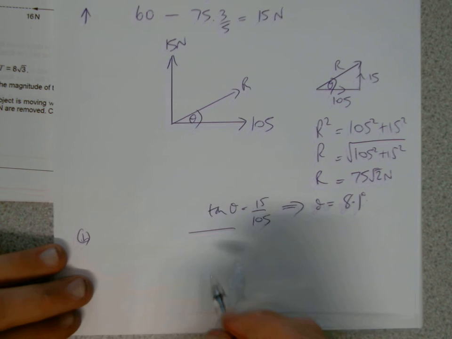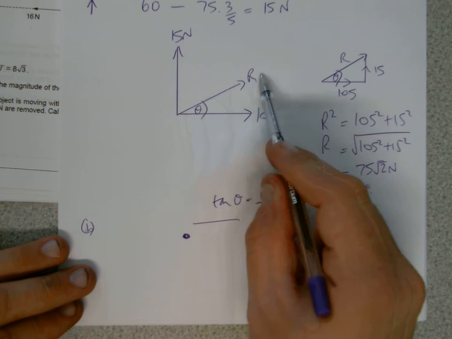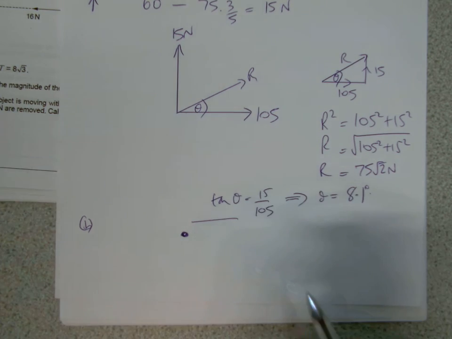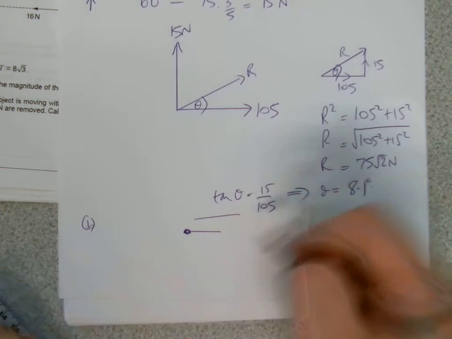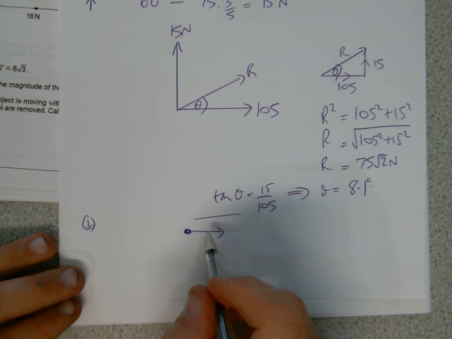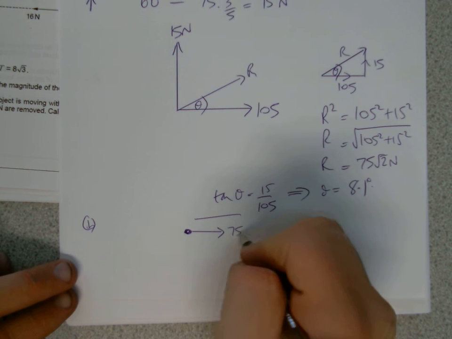So if I model that particle, and I know it's going in that direction, when I do a force diagram, all I'm really interested in is all the forces. So I know the resultant force is 75 root 2.